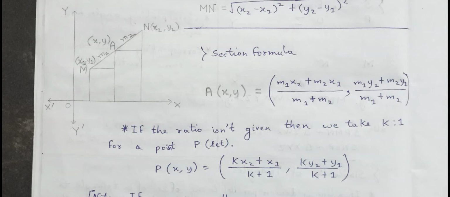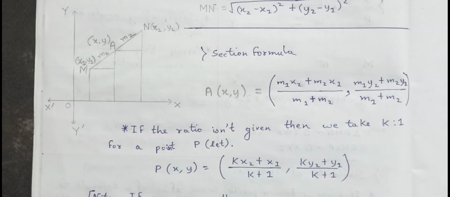So here A is (x, y), for example. We'll figure out the point by using the following method: (m1 x2 plus m2 x1) by (m1 plus m2), comma, this is for the abscissa. Now for the ordinate, (m1 y2 plus m2 y1) by (m1 plus m2), bracket close.